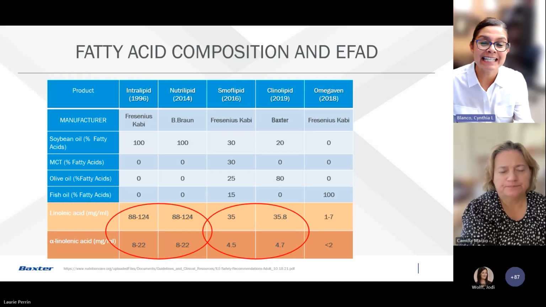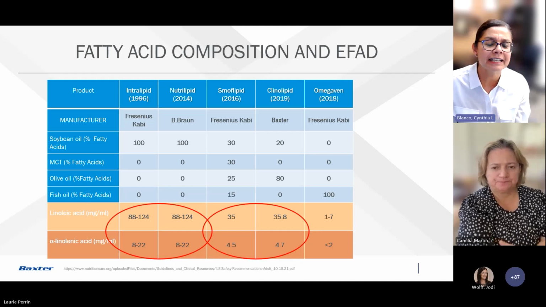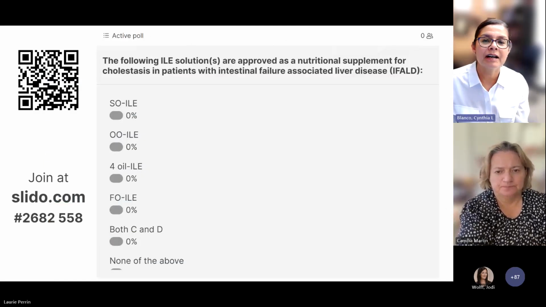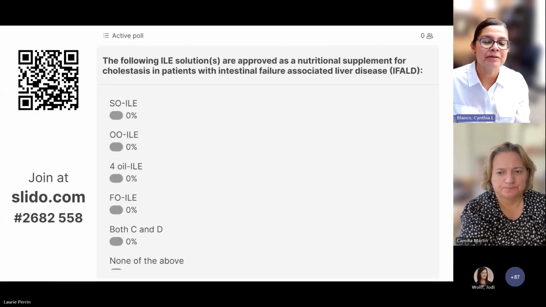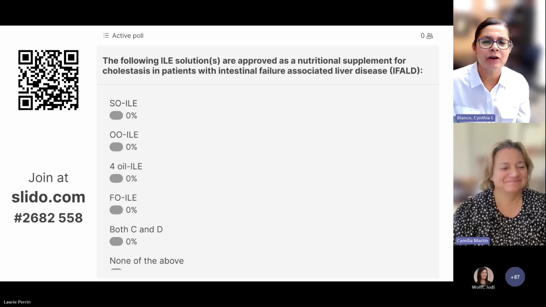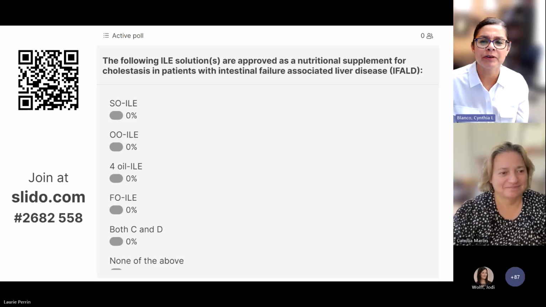And then, so you may see, if you go to the next slide, I will just ask, I think this is the last couple of questions that we have. The following ILE solutions are approved as a nutritional supplement for cholestasis in patients with intestinal failure associated liver disease.